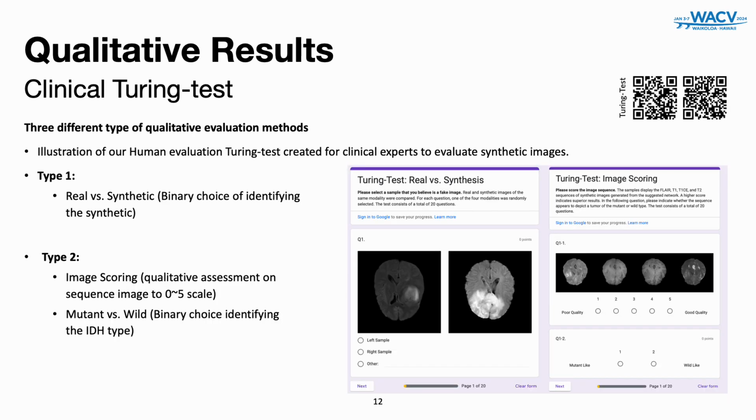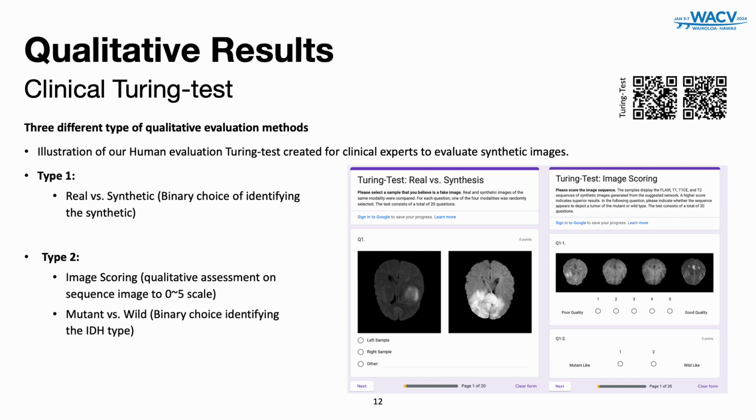Upon comparing the full prompt, modality-only, and IDH-only subsets, the highest level of agreement was observed for full prompts. The Turing task for qualitative evaluation is structured into two distinct types. Type 1 involves comparative analysis with a random pair of real and synthetic images from the same modality, identifying the synthetic case.